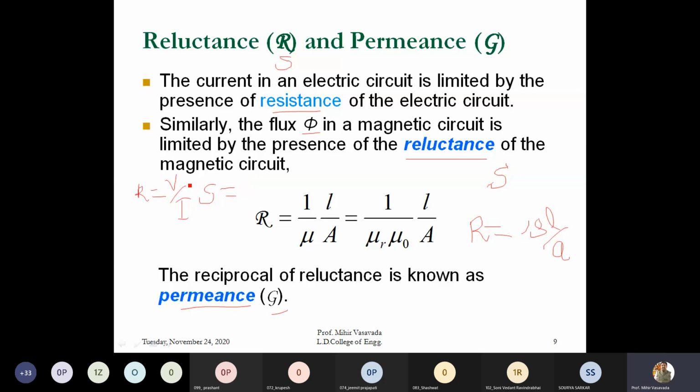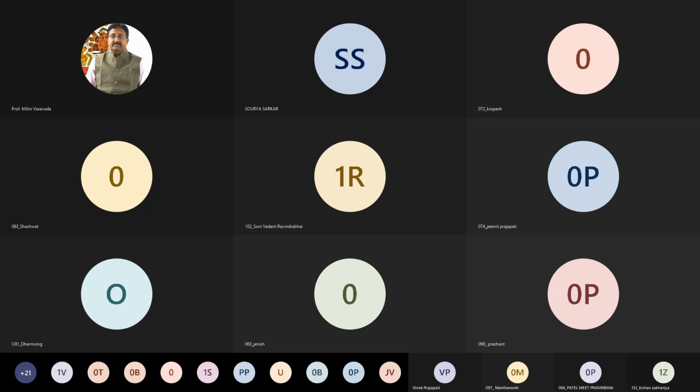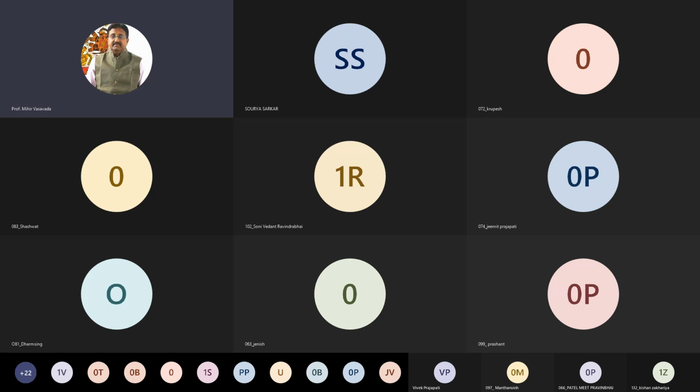So S is NI, the MMF, upon the flux phi. Clear? Any query here? Then you can ask.